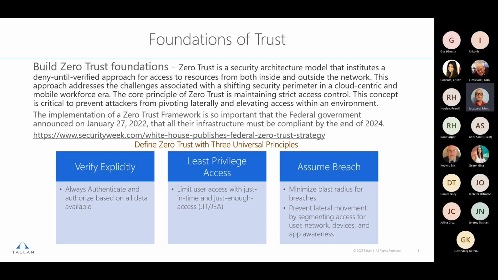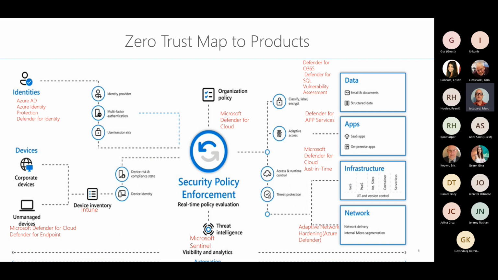Again, these are principles that we work across different pillars, such as identity, devices, network, all of that, to try and control the environment with a zero trust methodology. Now, cool thing is, if we look at Microsoft products, this really is how they map their products to the different pillars.